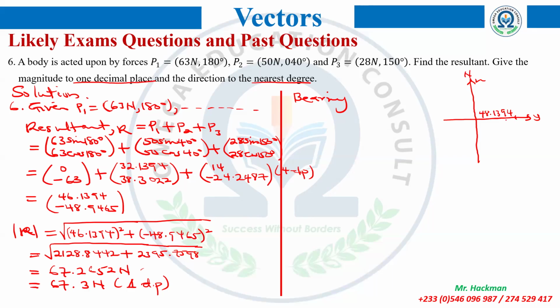Here the y movement is negative, so you have to move down: y is positive up, negative down; x is positive here, negative here. You move down by 48.9465 units.